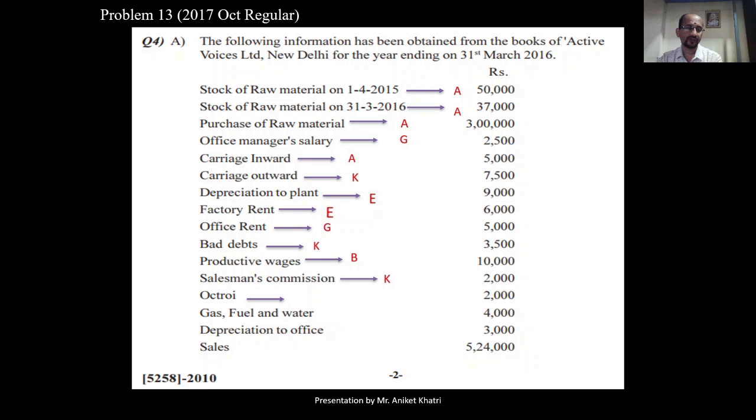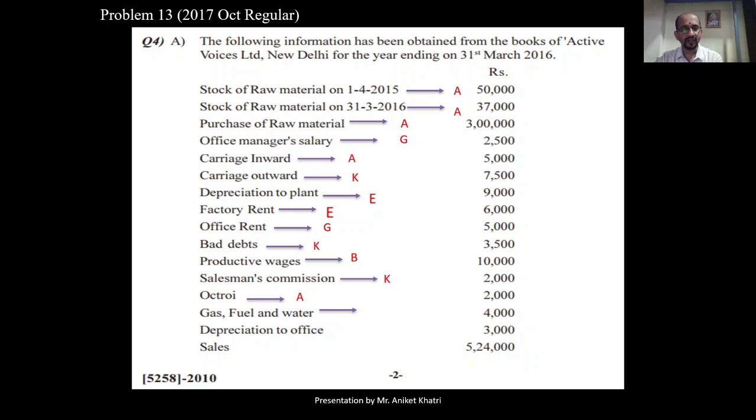Octroi, so octroi is a charge which generally we pay at purchases, basically this is a local tax. Okay, octroi, so A. Gas, fuel and water.